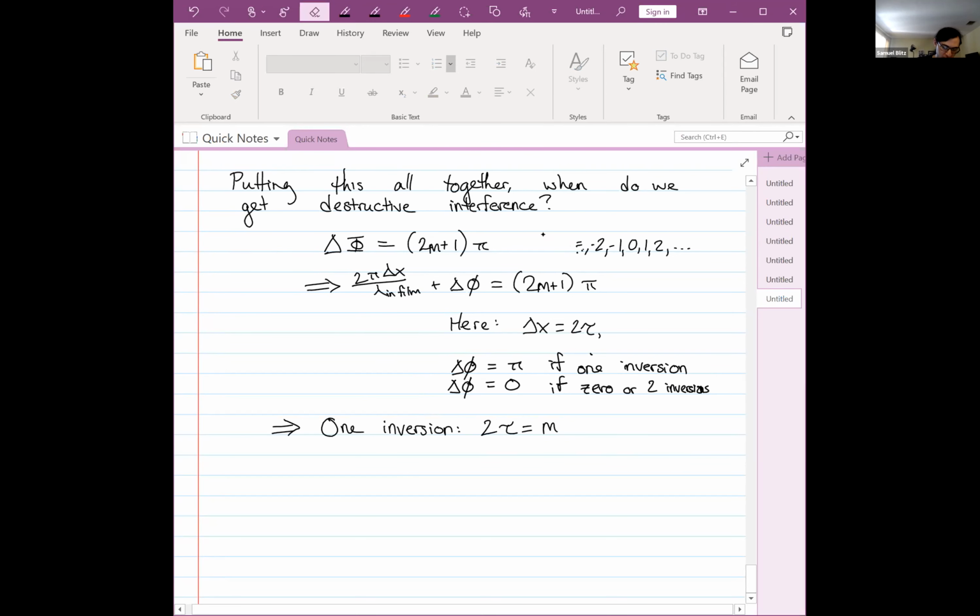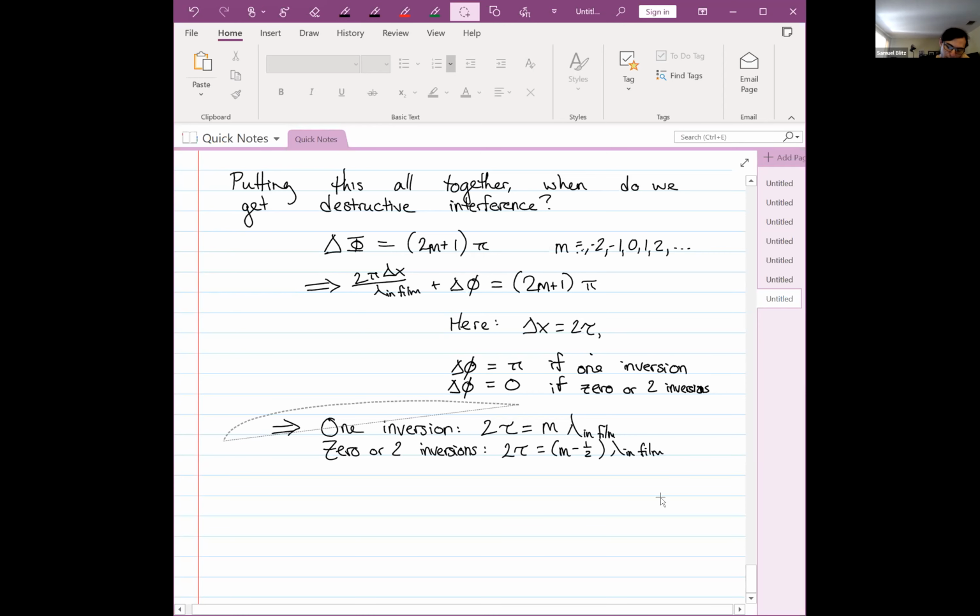So when 2 tau, 2 times the thickness, is equal to m times the wavelength in the film, we get destructive interference. And for 0 or 2 inversions, our formula for destructive interference occurs when 2 tau is equal to (m minus 1/2) times lambda in the film.